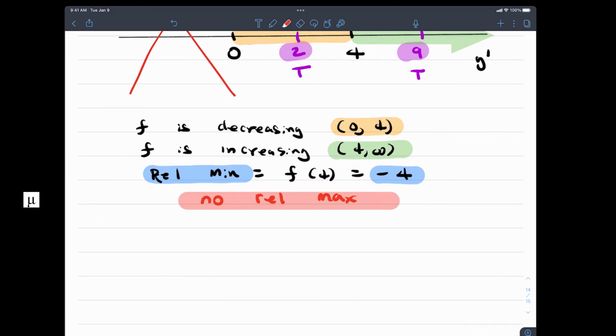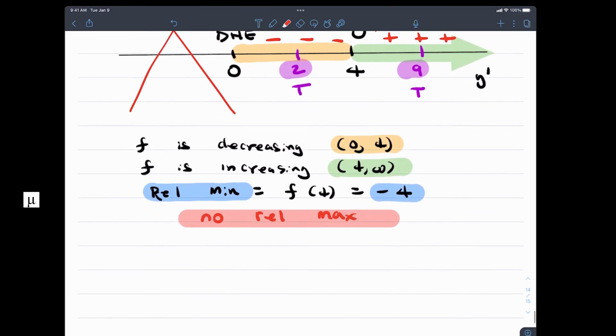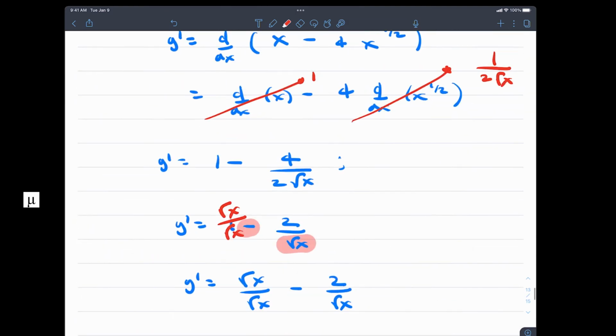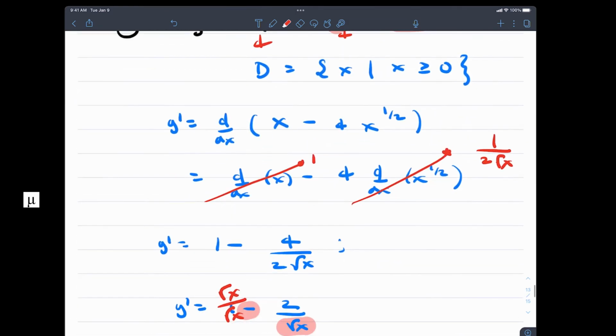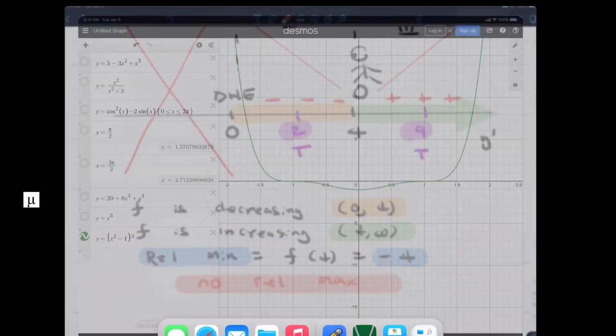All right. So this is the analysis you guys do with sign analysis. A lot of questions are done this way. I also want to remark, let's see if we have x minus 4 square root of x, right? You might say, what does that look like?